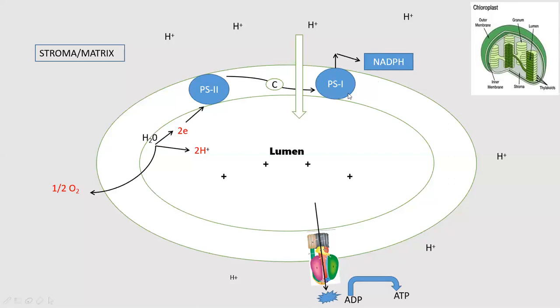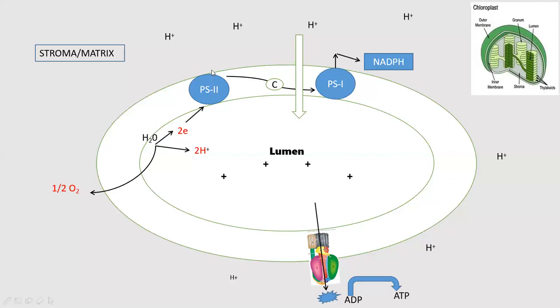Here PS1 is missing two electrons. These missing two electrons are replaced by PS2, photosystem 2. Photosystem 2 absorbs light of wavelength 680 nanometers, and the reaction center chlorophyll A releases two energized electrons.